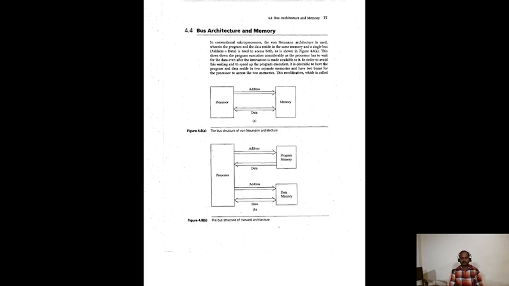After dealing with all these features, another important architectural requirement is the bus architecture and the memory. Because the processor has to deal with data, it cannot hold the data continuously when it performs the data calculation. So we need the concept of memory. When the processor wants to deal with data, where to store it?